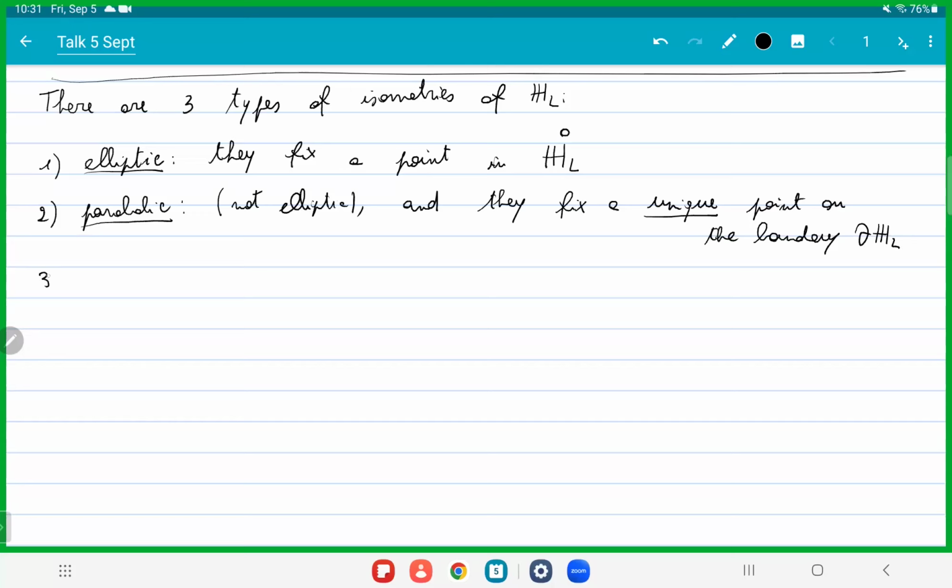And then finally, we have hyperbolic isometries, which could be defined as those that are not elliptic nor parabolic, but we can be more precise. These are those that fix precisely 2 points on the boundary.